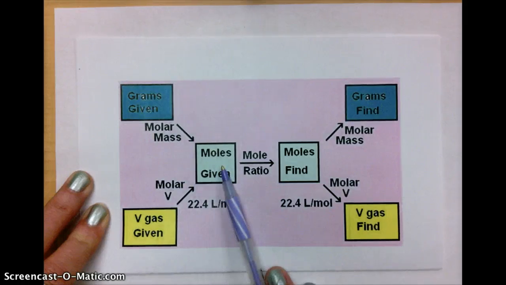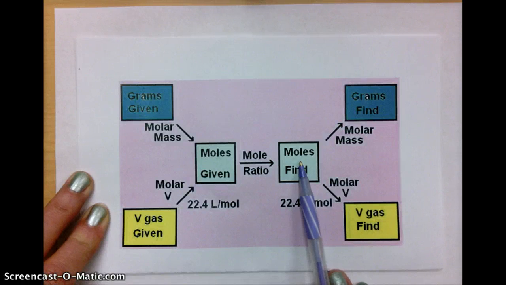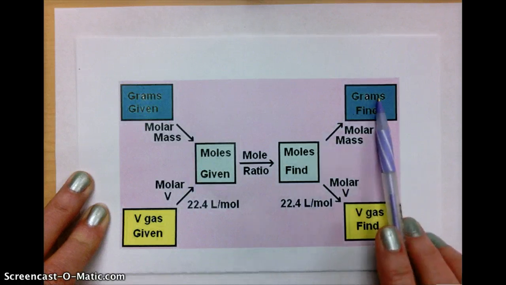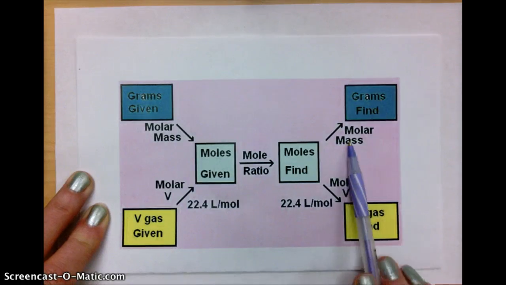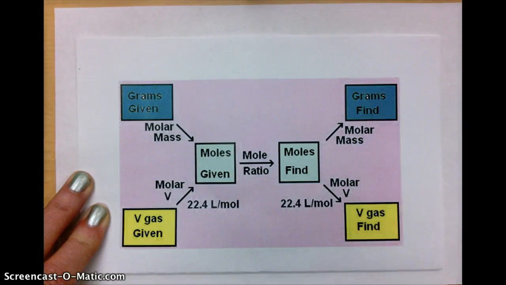Once we have moles, we will do a mole ratio step that involves the moles in the balanced reaction. From moles, it asks us to find grams of ammonia. So we will be going up here to grams of ammonia using the molar mass of ammonia as our conversion to get our final answer.